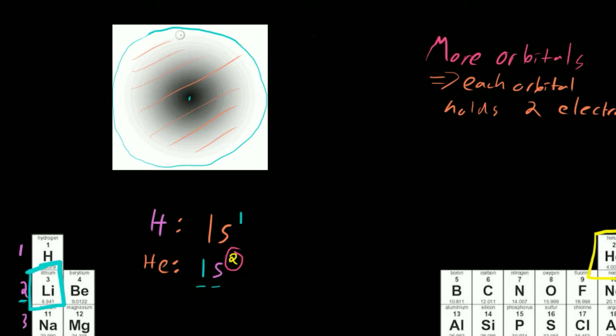What we're going to have is another s orbital. So we're going to have another sphere-shaped orbital. But actually, it's not going to be so much a sphere, it's going to be a shell, like a hollow sphere. I'll do a dotted line like that.